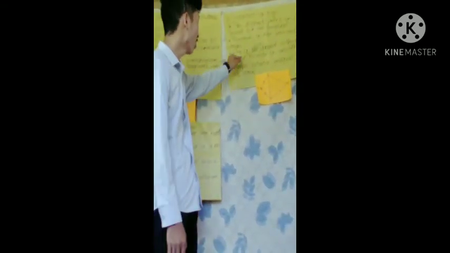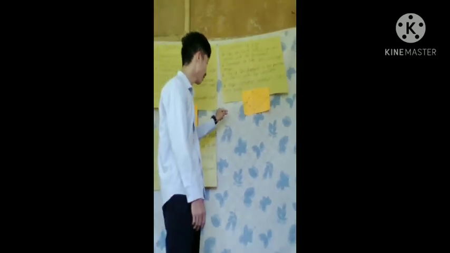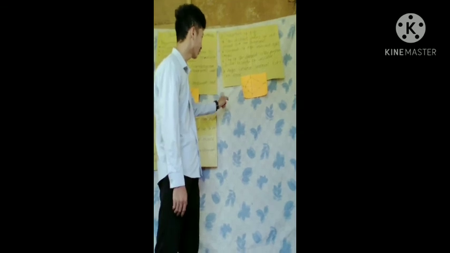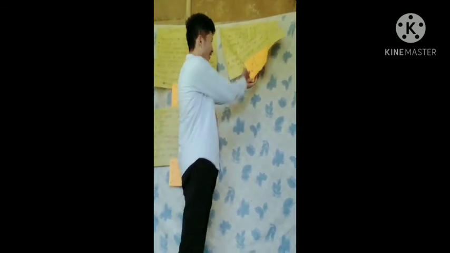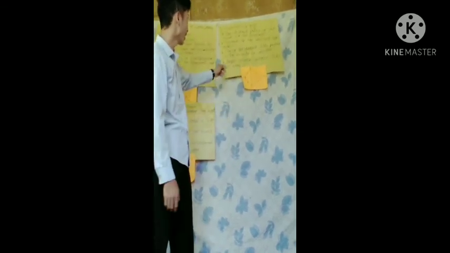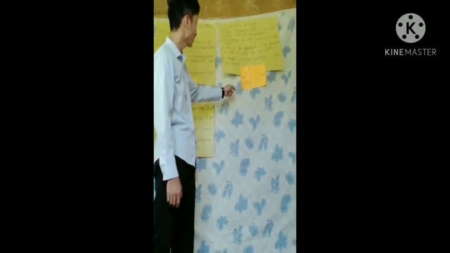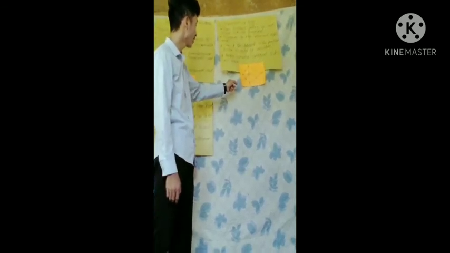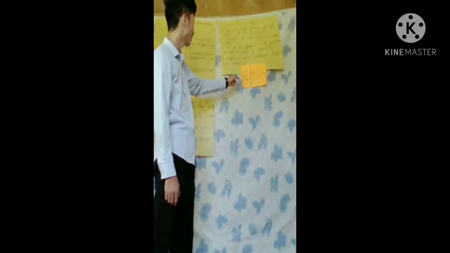Let's proceed to the second property of a kite. The diagonals of a kite intersect at a right angle. When we draw the diagonals, for example A to C, the intersection forms a right angle, meaning an angle of 90 degrees.